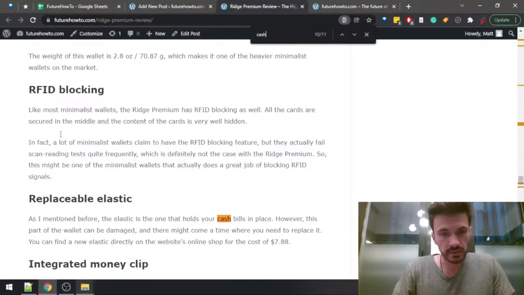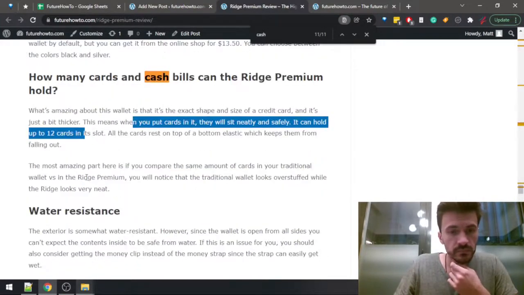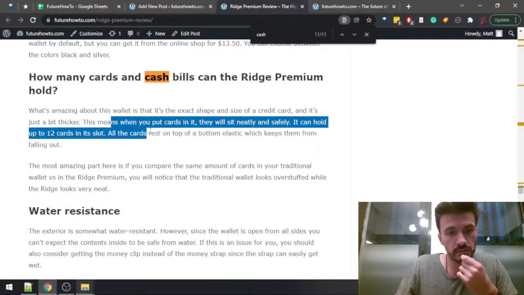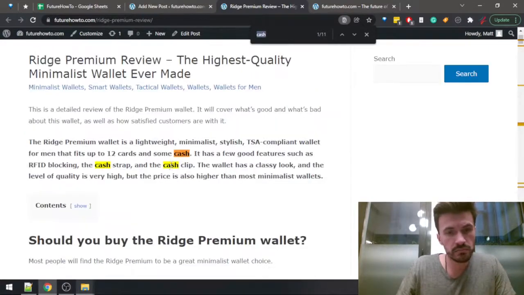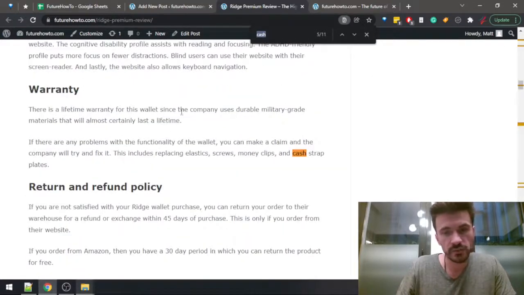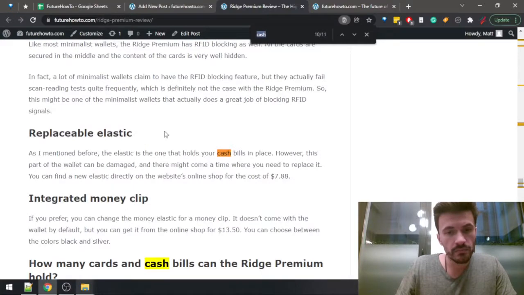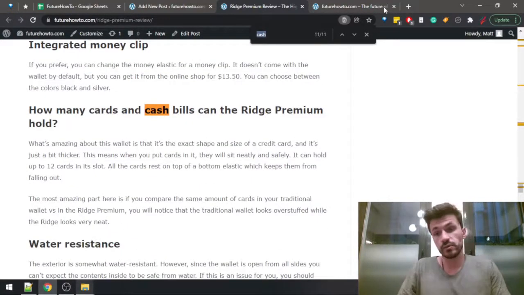Let's see about the cash. I haven't really covered this in the article. Okay, I've missed this one.